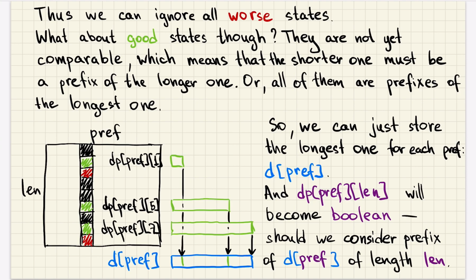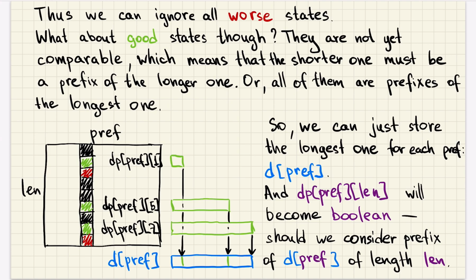But we know that they are not yet comparable. So the shorter one is a prefix of the longer one. And that is true for any pair of good states. So if we take the longest of them, everything will be its prefix. So all the good states should be prefixes of the longest good state for a given prefix, like in the DP table.